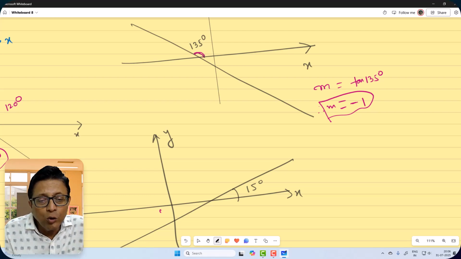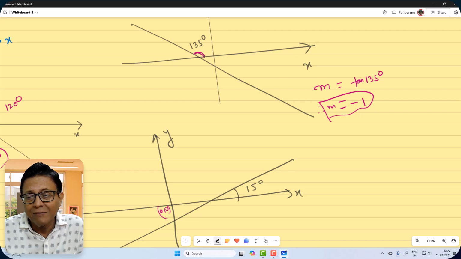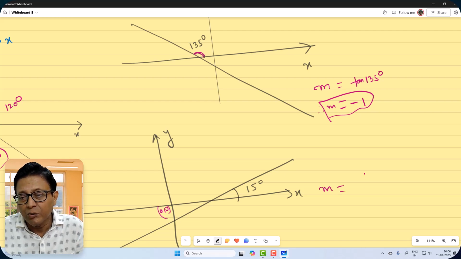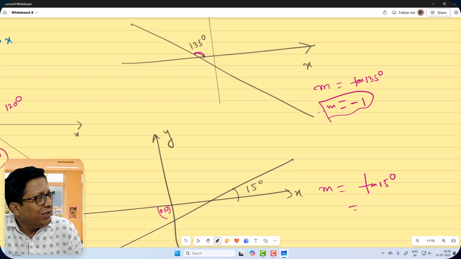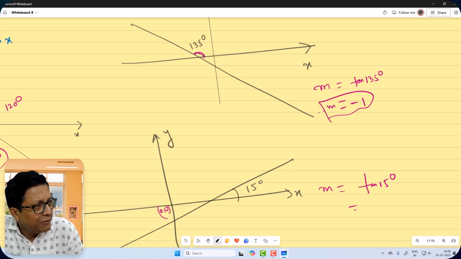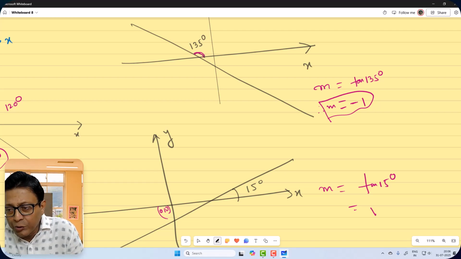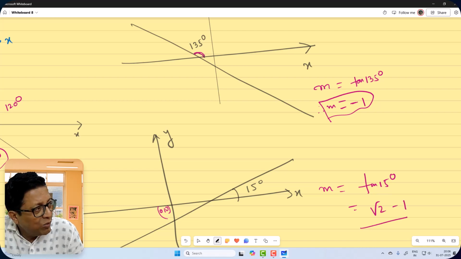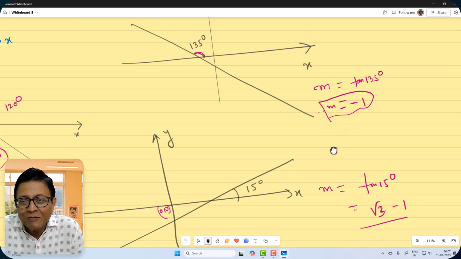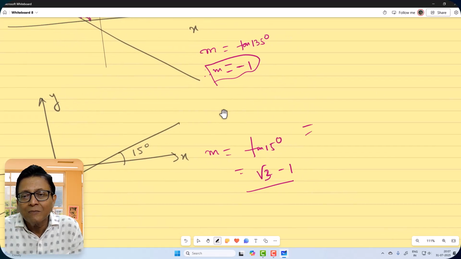What is the slope of this line? It will be m equal to tan 15 degree. We remember its value. I think you all remember it is root 3 minus 1. Why? How? Compound angle formula.